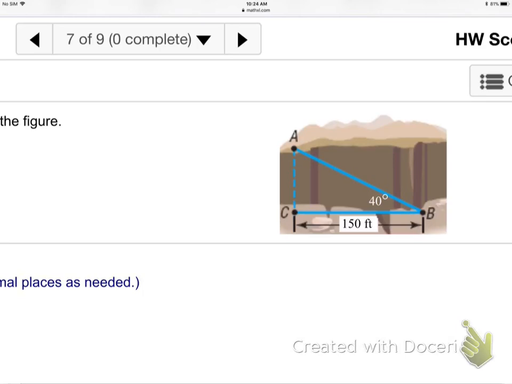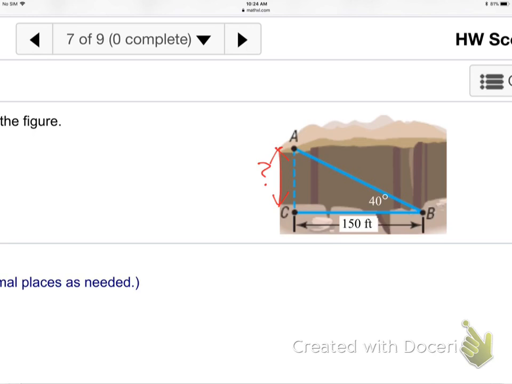All right. There we go. All right, can you find that distance A to C? They want to know that distance. What is that distance?